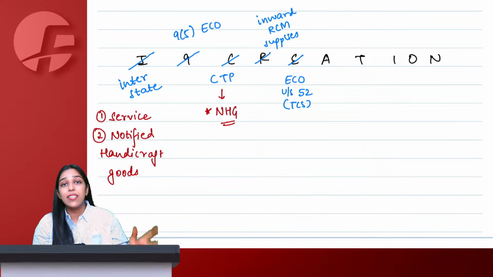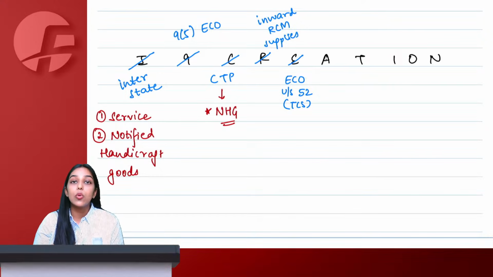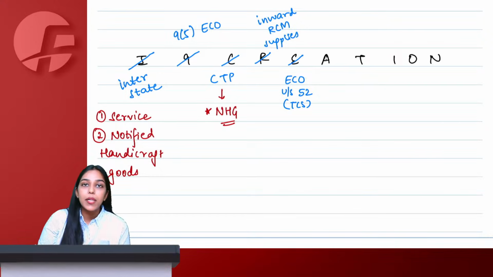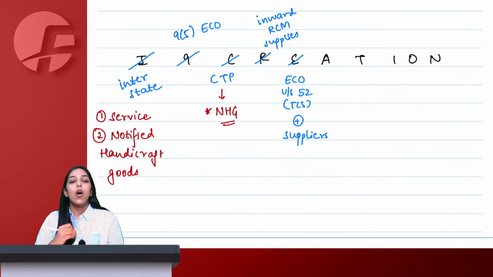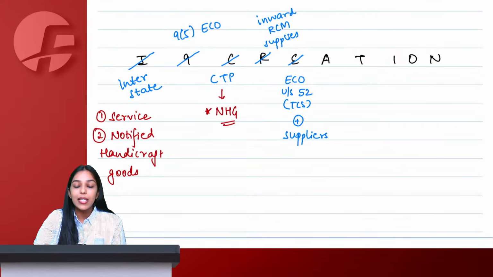Amazon, Flipkart, Nykaa, Zivame, Snapdeal, all of these kind of e-commerce operators who collect TCS will have to take compulsory registration. Plus all these suppliers who are supplying through these e-commerce operators also have to take compulsory registration, but there are some exceptions to this.